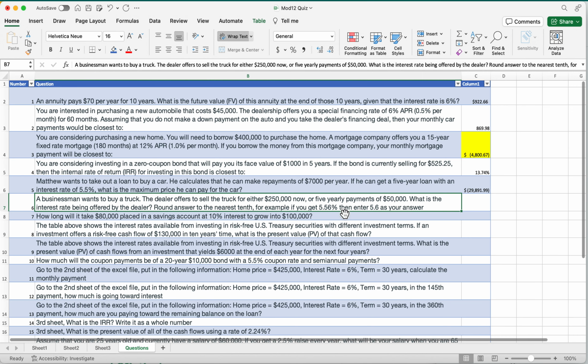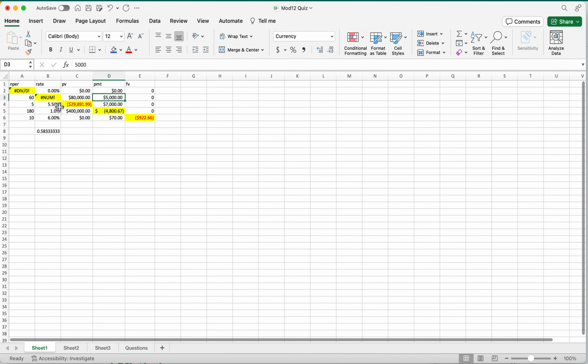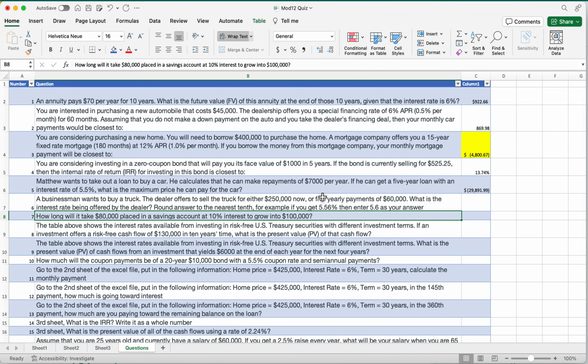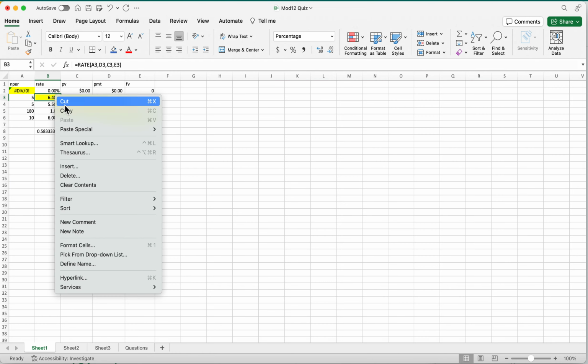I guess you're not paying any interest. Oh, so let's go 60. So let's go here. So it'll be 5 years, $250,000 truck, and you're making $60,000 yearly payments. Boom. So that's my fault. I think I put the wrong number here. So that's how it goes there. Okay, so you should get 6.4%.